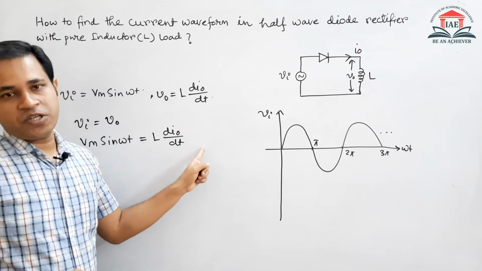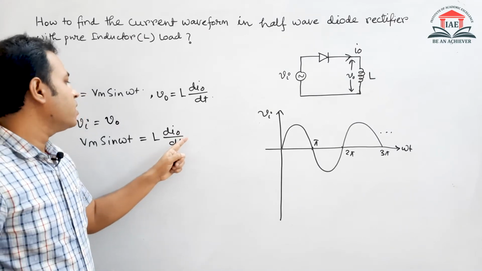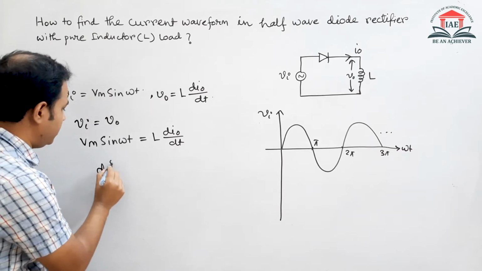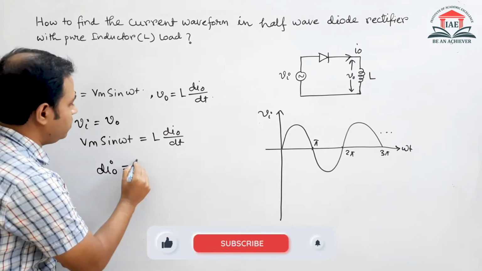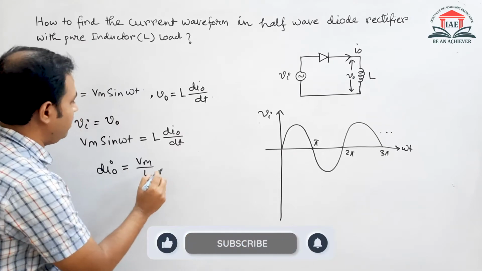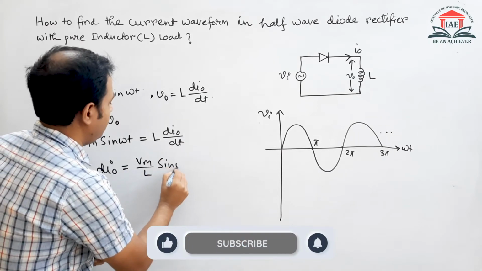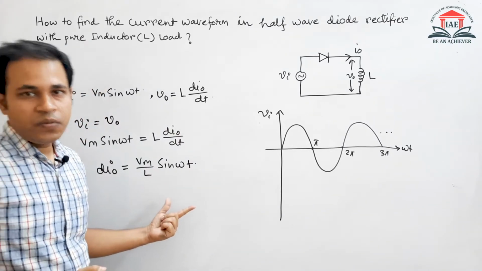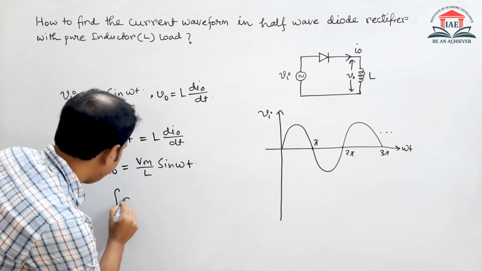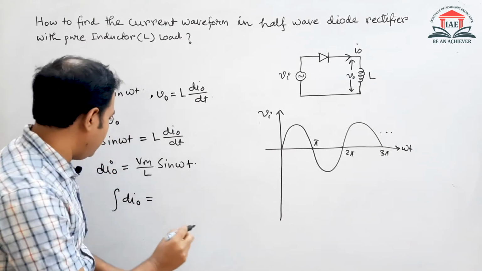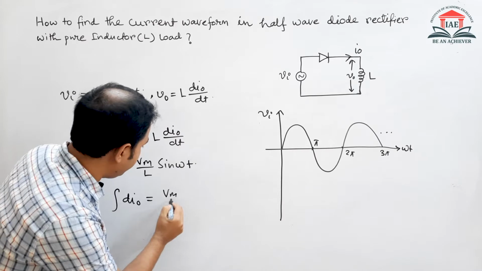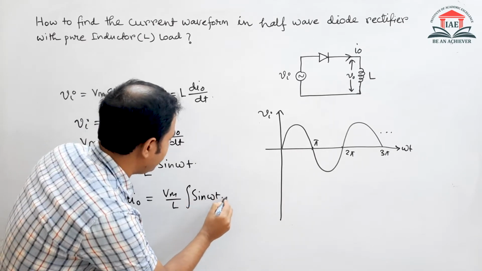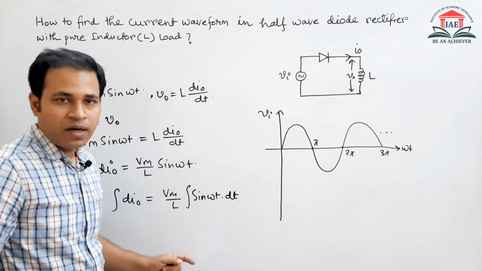Now from this expression, we have to find out the current expression. So we can write here, di0 equal to Vm by L into sin omega t. Now if we integrate this equation, we will get integration of di0 equal to Vm by L integration of sin omega t dt.